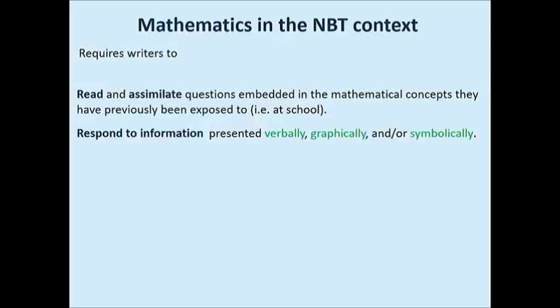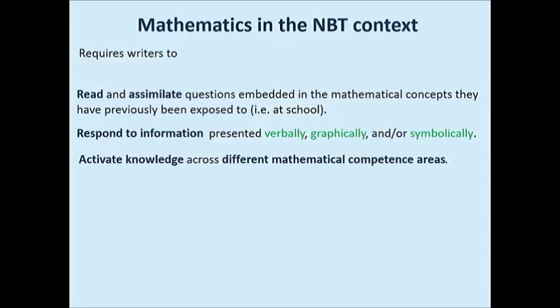So, for example, to be able to look at a parabola, and I'm sure a lot of you remember your school mathematics, and be able to say, in terms of a formula or a function, that it would be translated to a quadratic function. Equation-wise, it would be y is equal to ax squared plus bx plus c. So can you see the different forms and how writers are expected to translate?